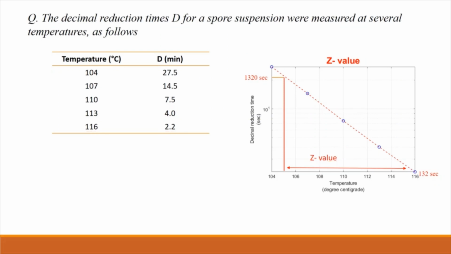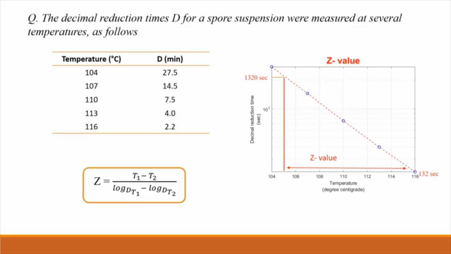From the definition of Z value and from this numerical, we can write the formula of Z value as Z equal to T1 minus T2, that is the change in temperature, by log D1 minus log D2, that is a 90% log reduction in D value. So from this example, that is 116 minus 105 divided by 1320 seconds minus 132.